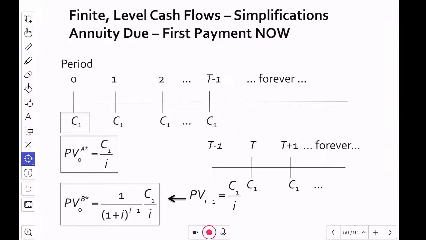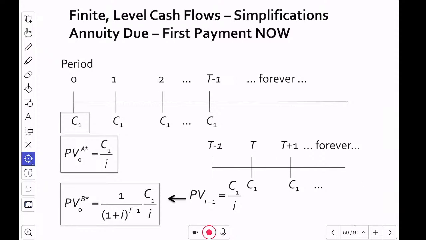Same technique. Here's my perpetuity. If I leave this out, I'll just add it in later. You see, I have a box around it. So this is the perpetuity up till here for T payments. So this is my perpetuity here, but at this point, one less, right? Because the first one is here. There's the rest of the perpetuity.